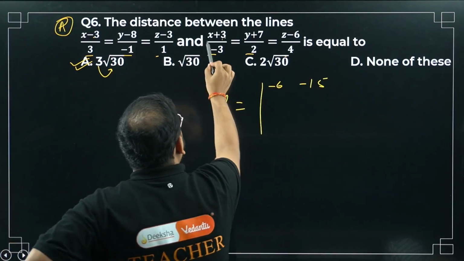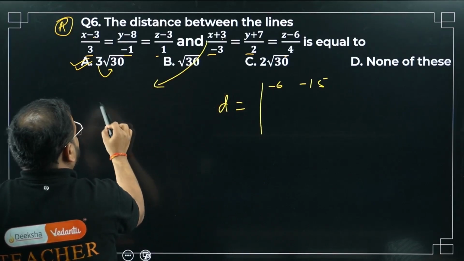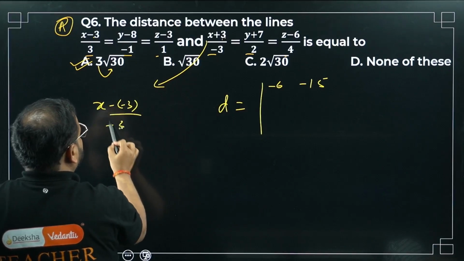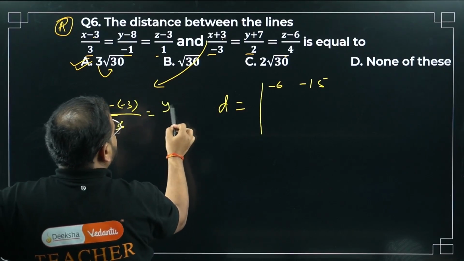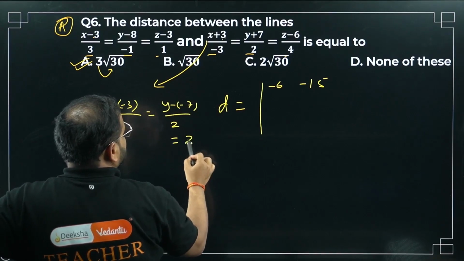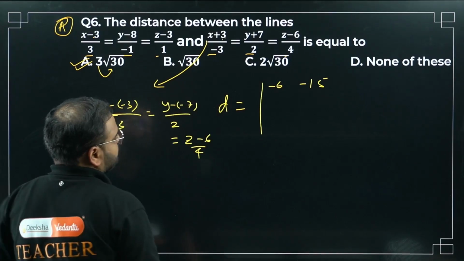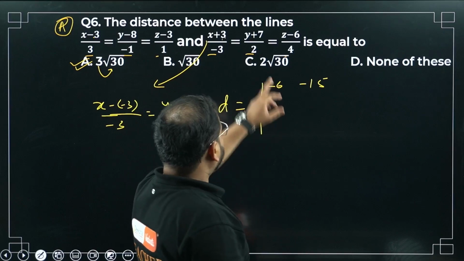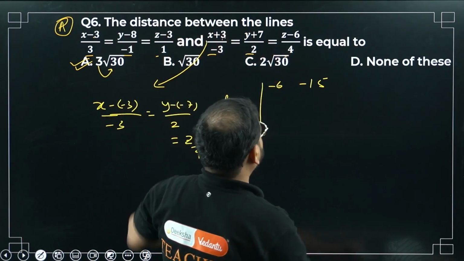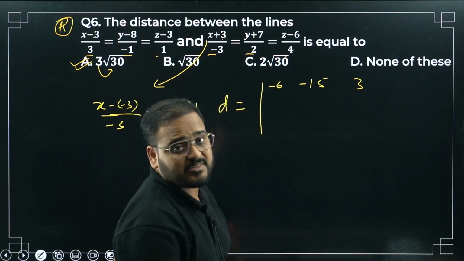If you are guessing how, just transform this equation, sir. Please check. X minus of minus 3 upon minus 3, Y minus of minus 7 upon 2 equals to what? Z minus of 6 upon 4. So minus 7 minus 8 is minus 15, and over here 6 minus 3 is 3.